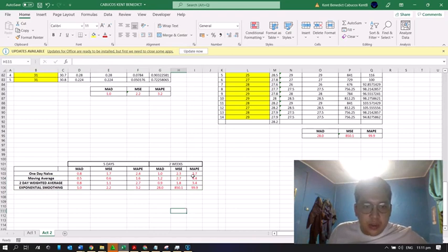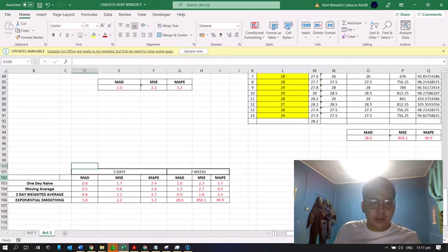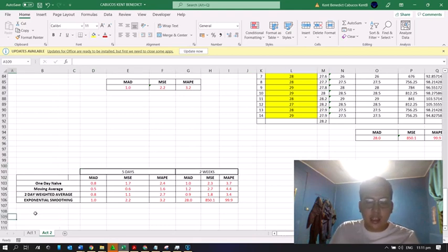Also, I think the 2 weeks is more accurate because there is a lot of data, as seen in the MAPE in the summary. So I conclude that the one-day naive is still a good technique in forecasting, and more data is best for forecasting to get accurate results. Thank you.